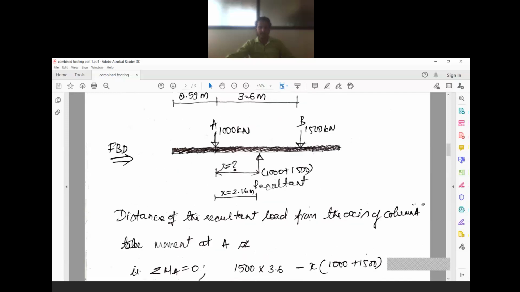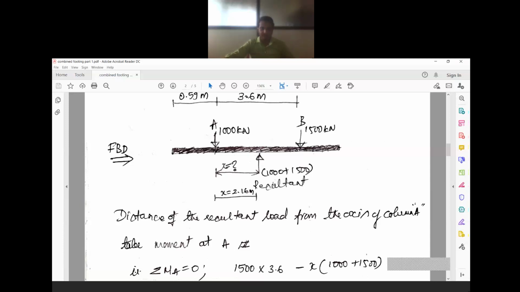If I apply sigma A equal to 0, that means I will stand at A. To my right I have 1500 kilonewton at a distance of 3.6 meter. It is acting clockwise at A, so it is 1500 into 3.6, positive. And then what else force is there? Resultant force, at a distance of x.